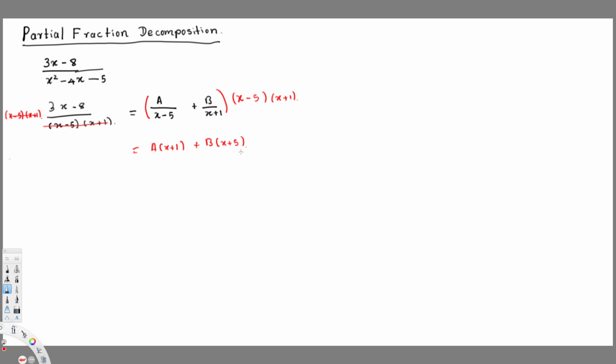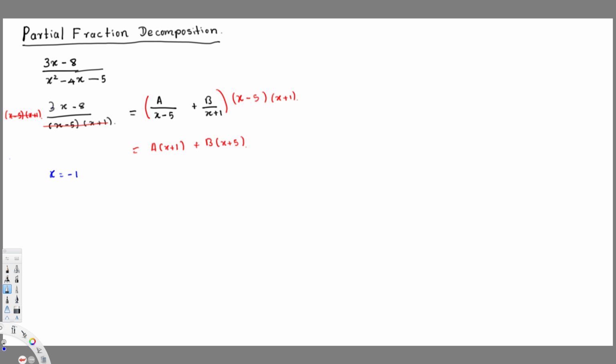And the next thing, we have to pick an x value that can eliminate one of these. So first let's try to eliminate the A part. To eliminate this one, if I pick x equal to -1, I can eliminate this whole function right here.